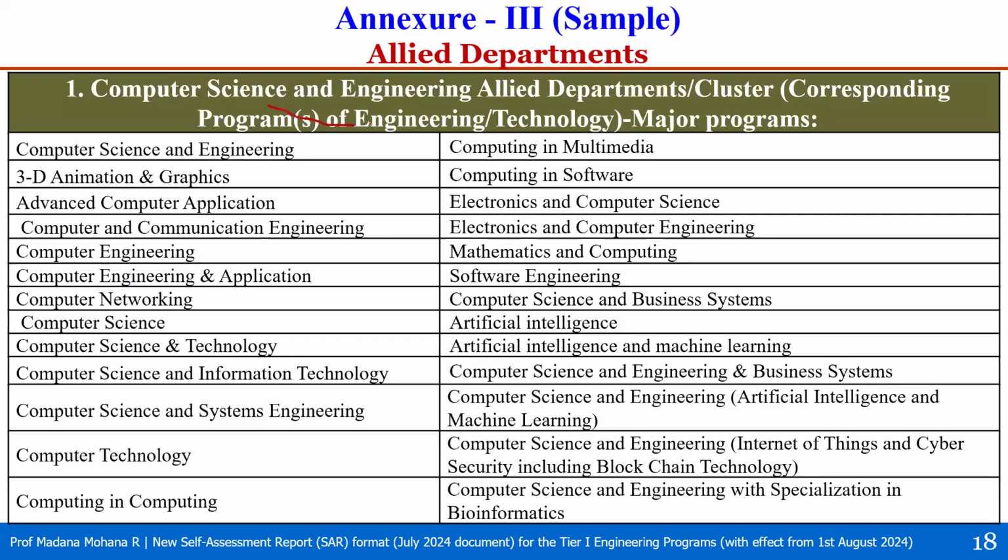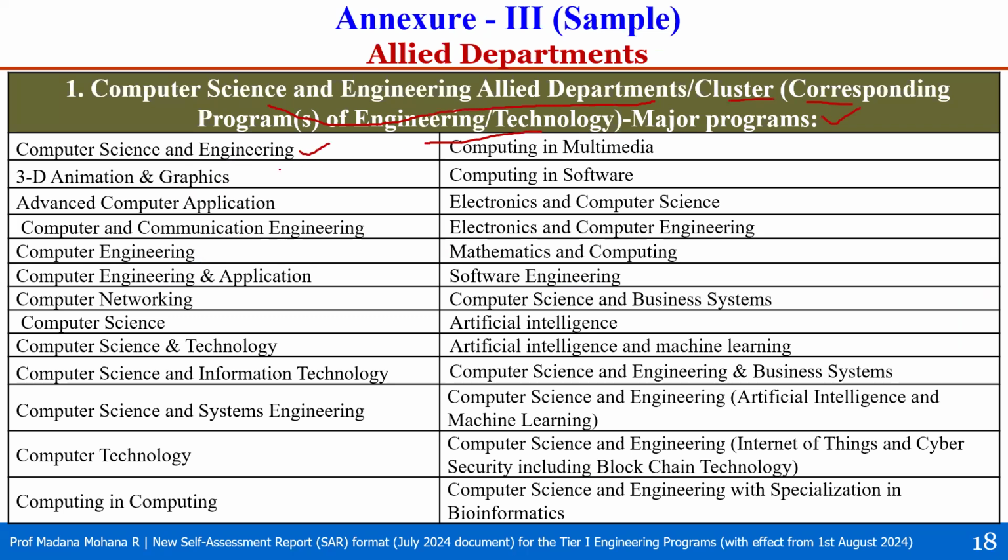The first one, computer science and engineering: allied departments are clustered corresponding programs of engineering and technology, the major programs. If computer science is the major, now the allied or clustered departments are, let us say, this is the sample given by the NBA as per AICTE.